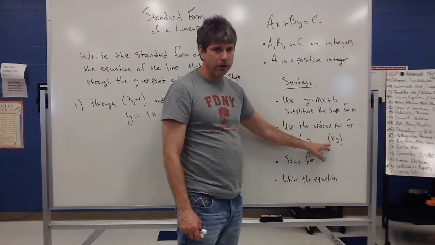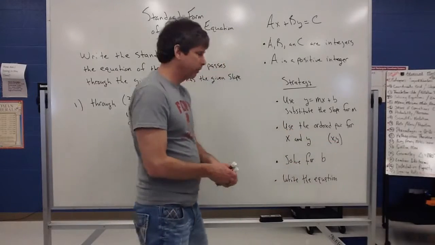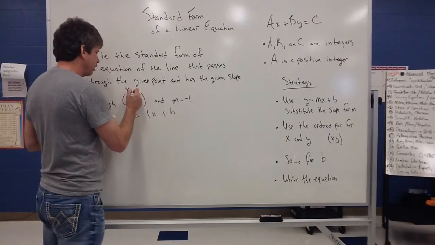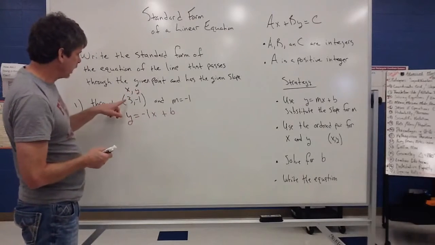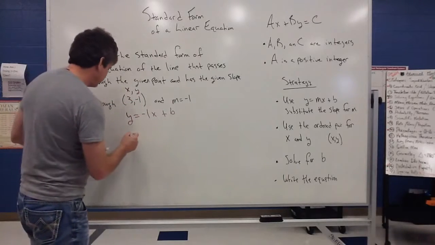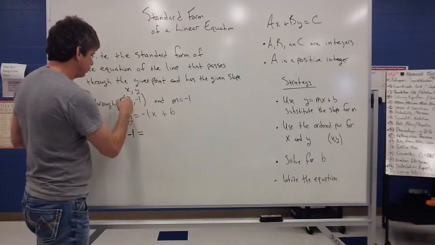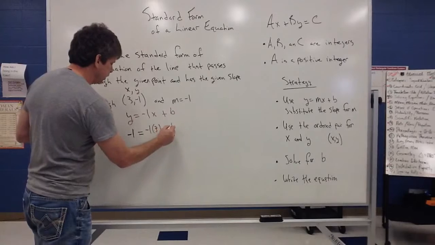Remember, in an ordered pair, that first number is an x value and that second number is a y value. So I can replace that -1 in for my y, and I can replace x with a 3, so I have -1 equals -1 times 3 plus b.